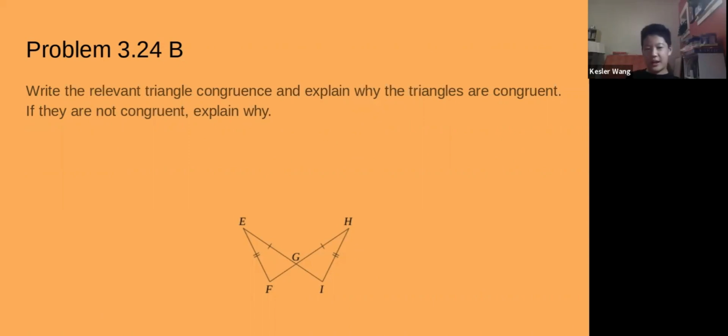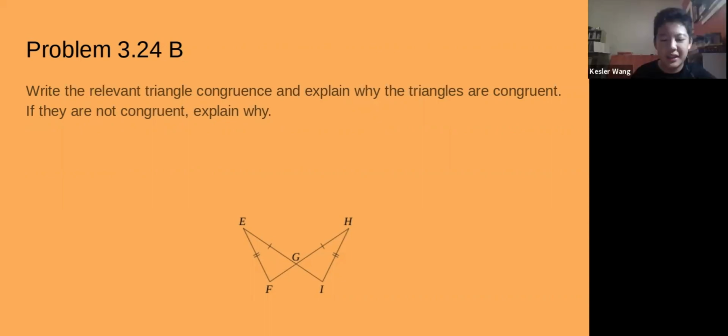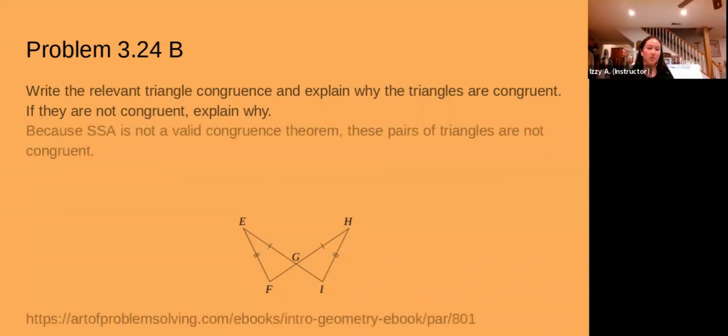Write the relevant triangle congruence and explain why the triangles are congruent. If they are not congruent, explain why. I don't know if it's possible to say if they're congruent or not, because technically they're positioned in a way that's almost impossible to figure out. They could be congruent or they could not, because this is SSA. SSA is not a valid congruence theorem.